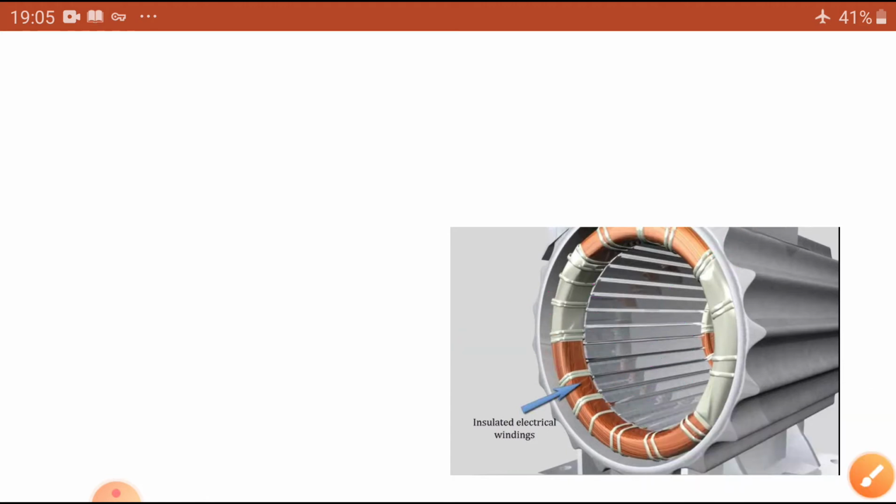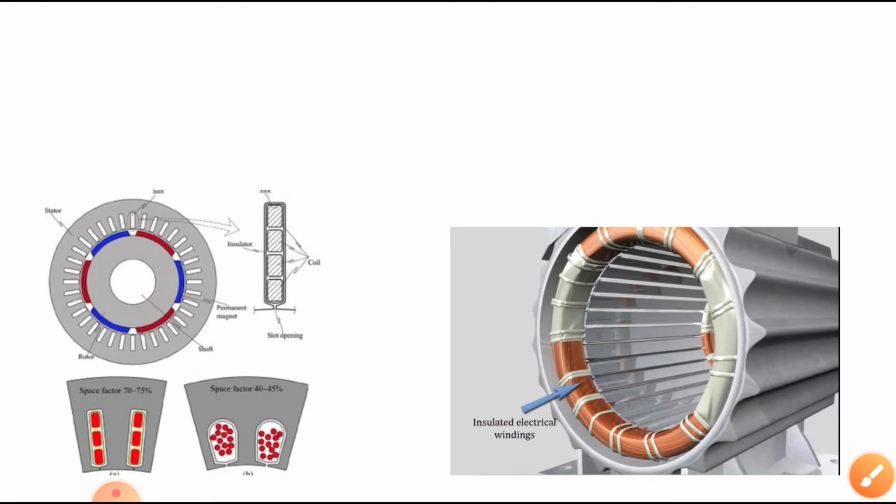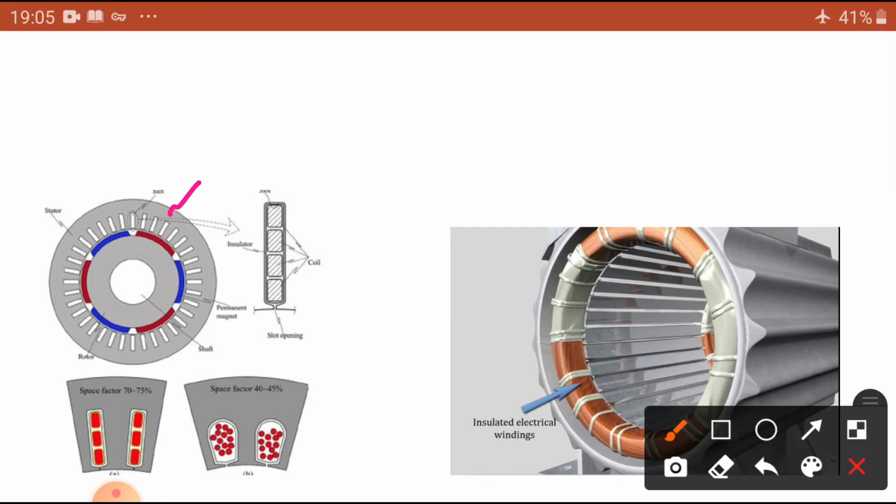You can see here one is the slots. This is the armature. The armature has the slots in which we are going to place our coils. Here this is one coil side, another coil side, another coil side, another coil side. In one slot if I place four coils, it is quadruplex.